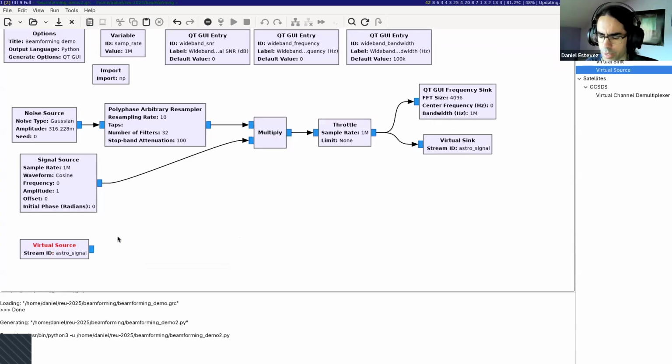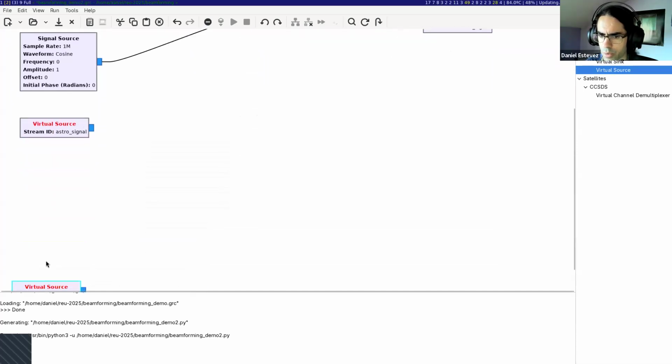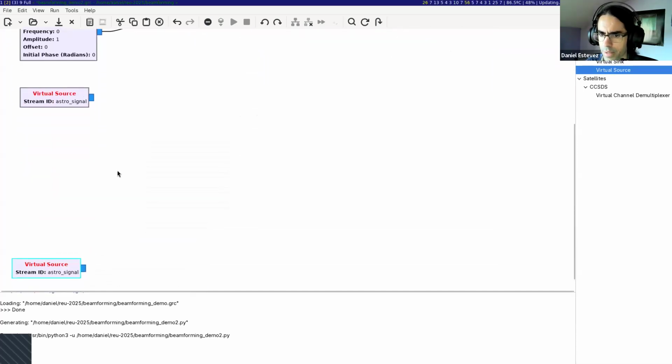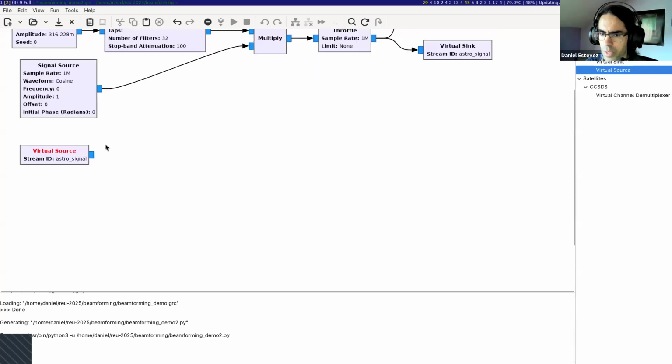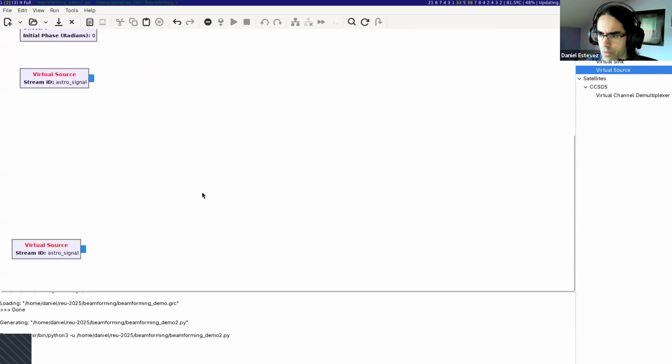And these two are now connected. And the reason I'm using virtual sources is because since I want to have two receivers, then I can copy and paste and put one receiver here, put another receiver here, and it will be quite tidy. Otherwise, I would need to run a connection from here to the first receiver, another to the second receiver, and I would have lines everywhere.